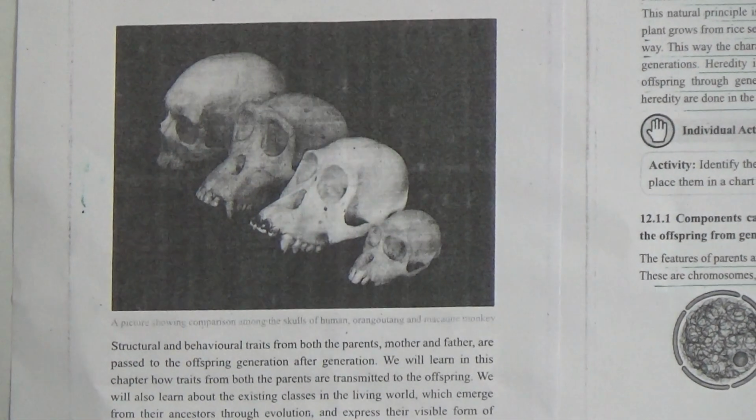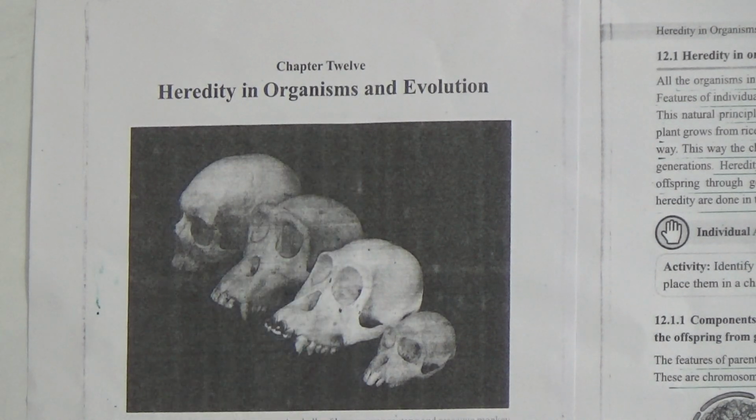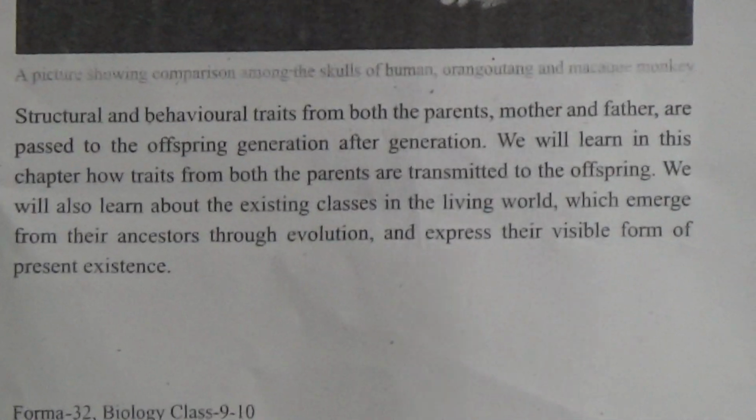Students, this is chapter 12 and the name of this chapter is Heredity in Organisms and Evolution. Here it is written, structural and behavioral traits from both the parents, mother and father, are passed to the offspring generation after generation.